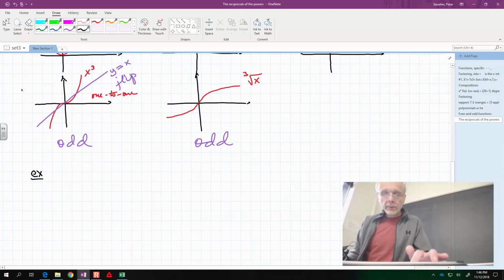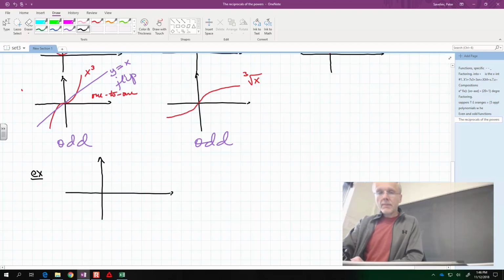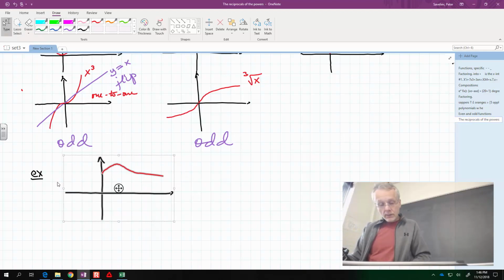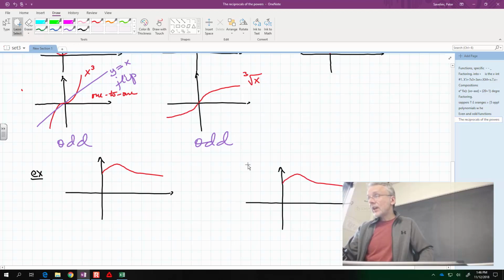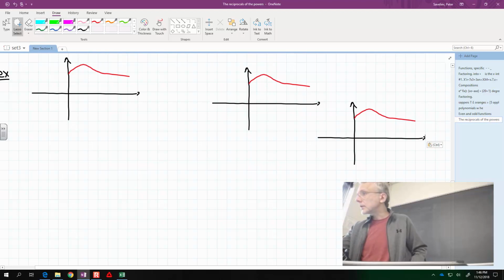Another related problem is like this. Let me make a plot here. The question would be, suppose this is a half of an odd function, or it is a half of an even function.